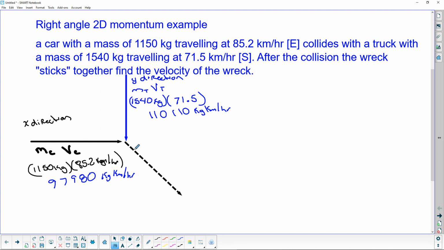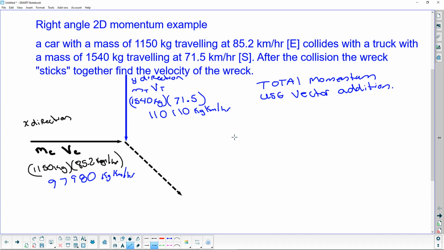To get our total momentum, we have to do vector addition. We could do sine and cosine law if it's not right angles, but generally speaking, I stick to right angles so that we have our right angle idea.